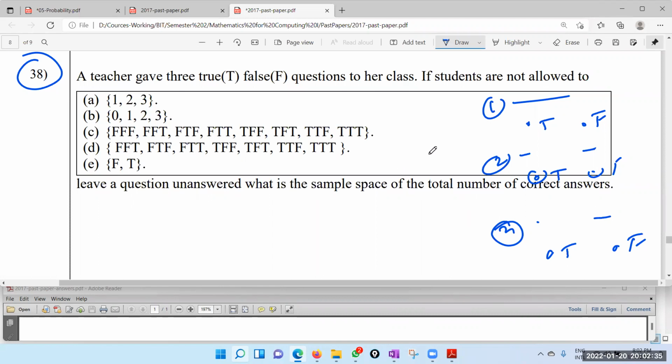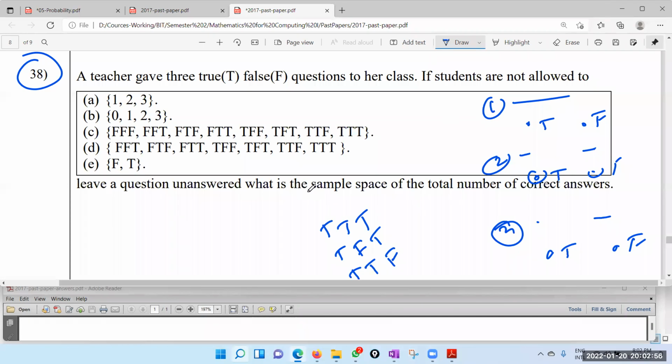Okay, what is the answer? So there are 3 questions. The first one can be true because the student cannot leave any answer. Maybe all are true. Maybe first one true, next one false, next one true, true, true, false. Likewise, how many possibilities are there?